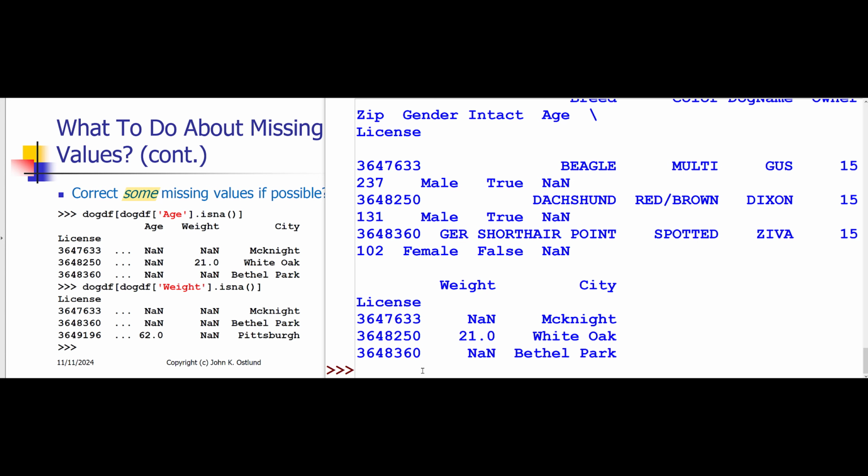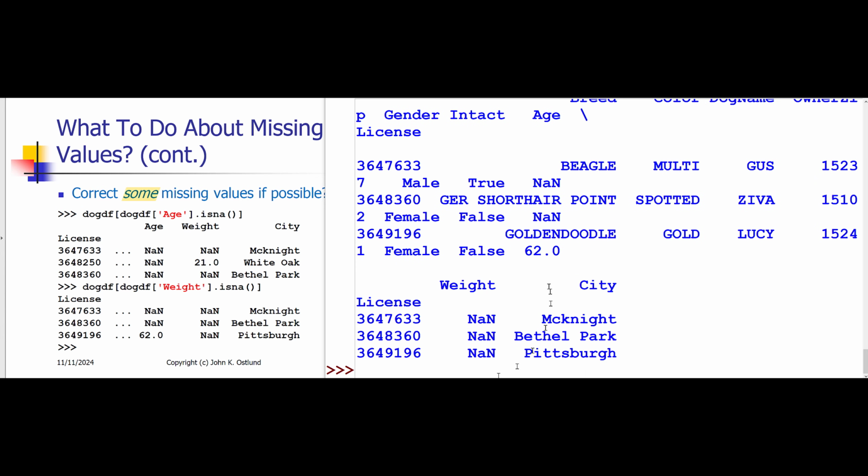Now, if I just ask for the dogs that have missing weights, dog df sub dog df of the weight column dot isna, once again, I have 3 rows. A couple of these rows have missing ages, and they all, of course, have missing weights.